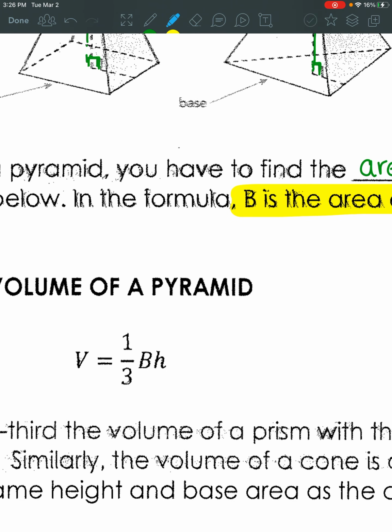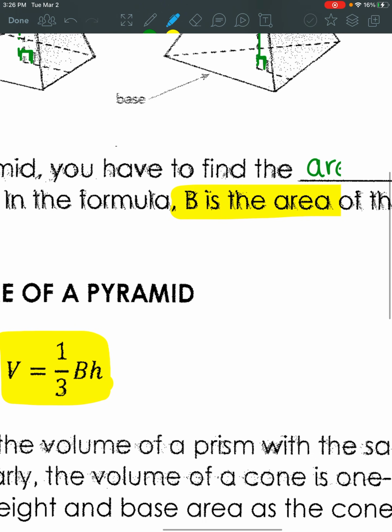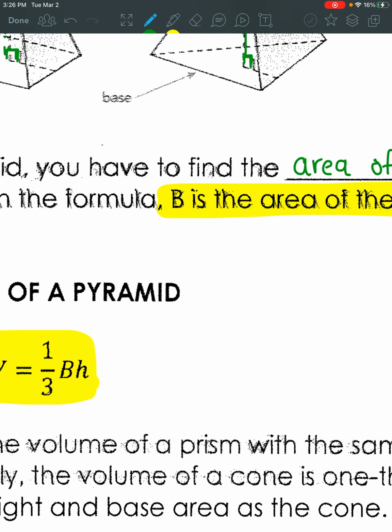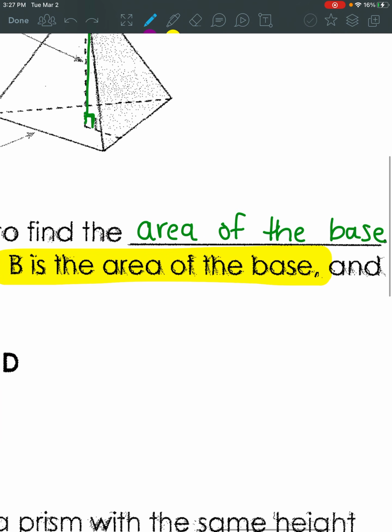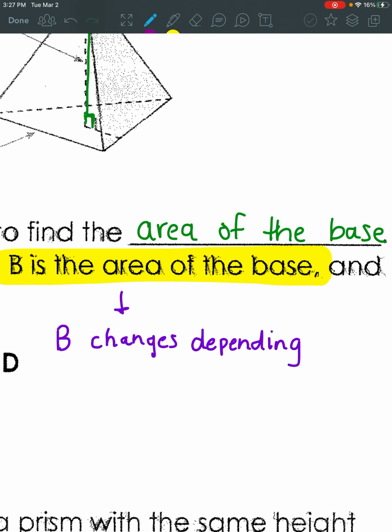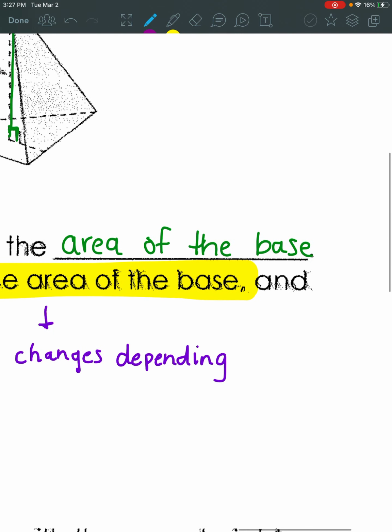So, volume of a pyramid. Here is our formula: 1/3 times the area of the base times the height. Off to the side here, I'm going to write this down so that you remember, and I want you to put this in your notes: the capital B changes depending on the base shape.